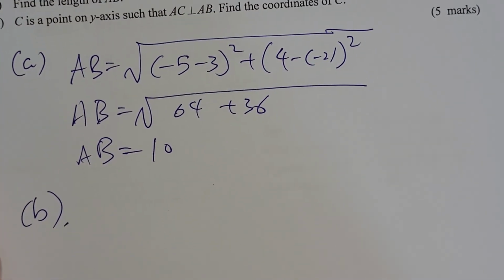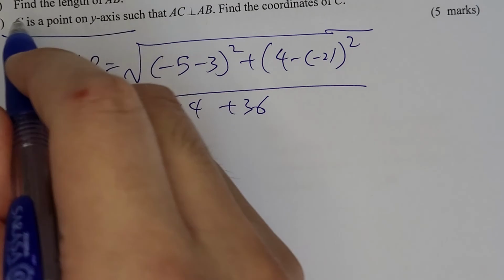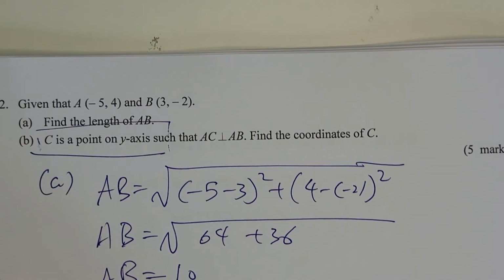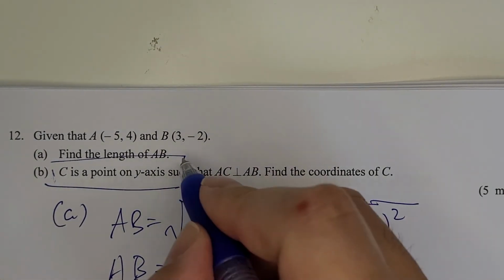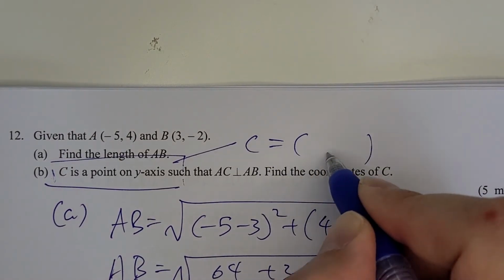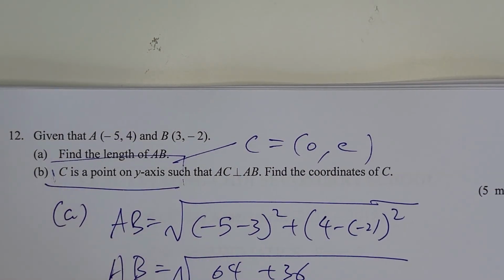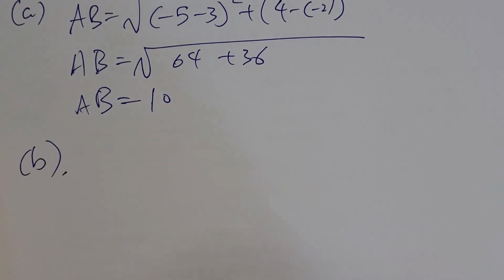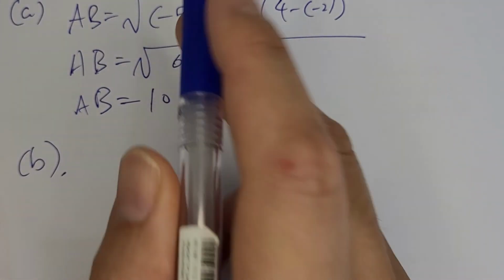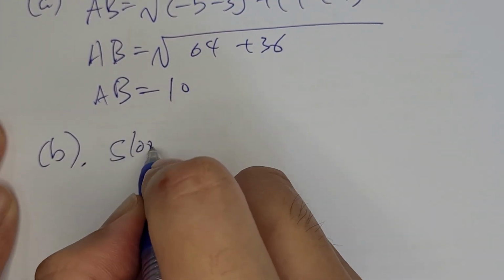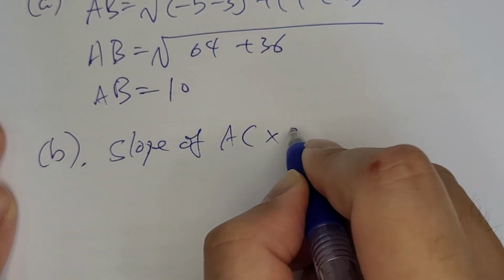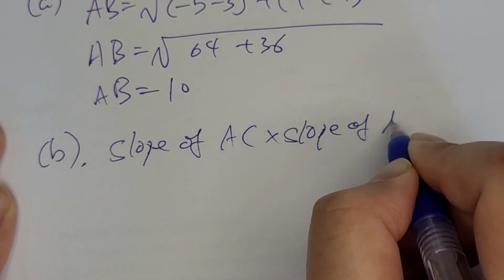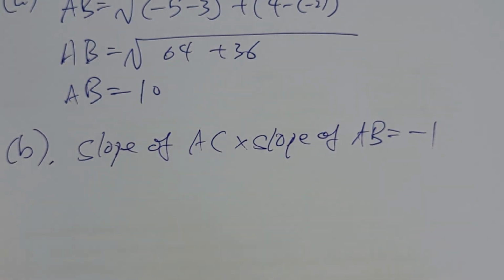Part b, C is a point on the y-axis. Pay attention to this key statement. C is a point on the y-axis. That means its x coordinate is 0. Okay, y coordinate unknown. AC perpendicular to AB. So you know that slope of AC times slope of AB equals negative 1.